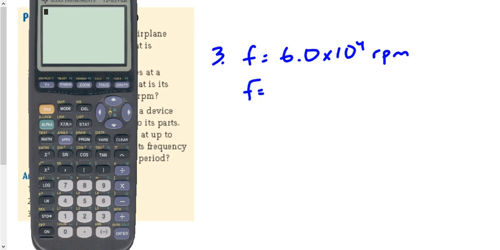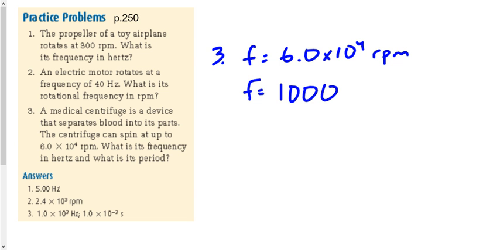Ethan, you know this because you did a question that was backwards to this before. What is it? Yeah, 6.0 times 10 to the 4 divided by 60 gives me 1,000 rotations per second. So that's going to be 1,000, we'll say 1 over s, or we could just say 1,000 hertz. There's the first part done.